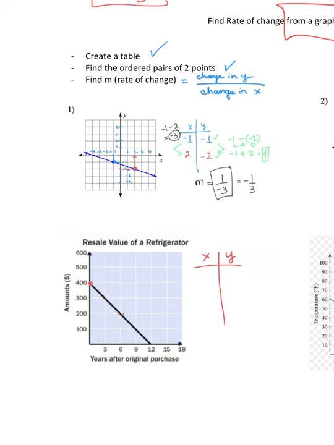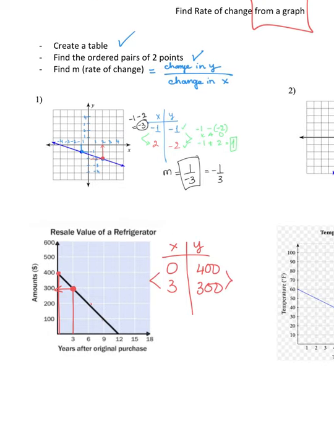So the first point I have is what? X is 0, Y is 400. The second point I pick is this point. X is 3, Y is 300. Okay, I'm going to find the change.